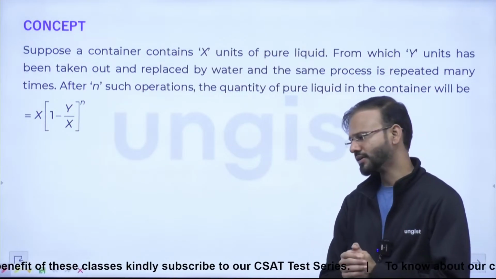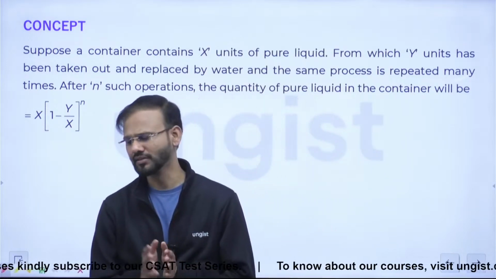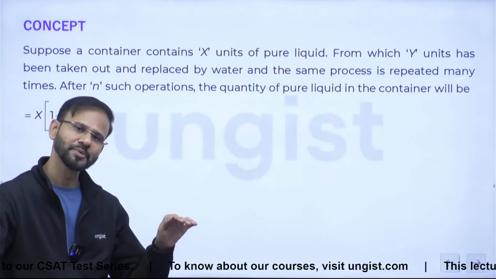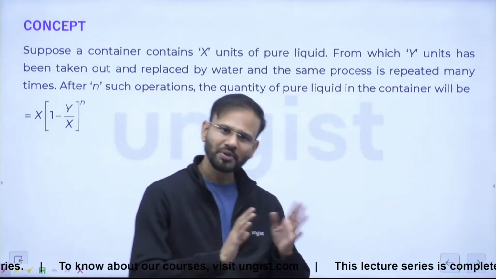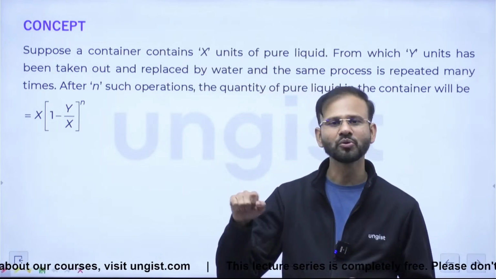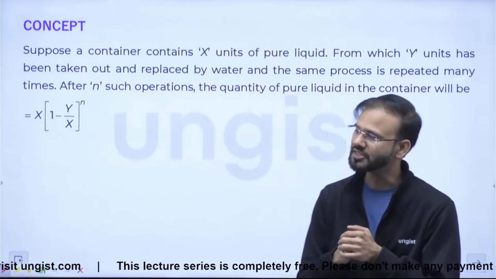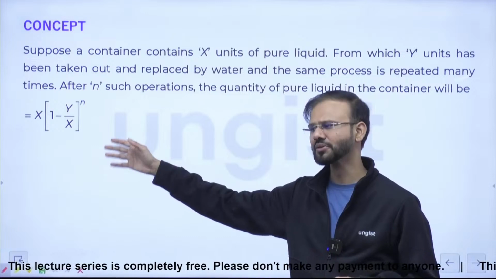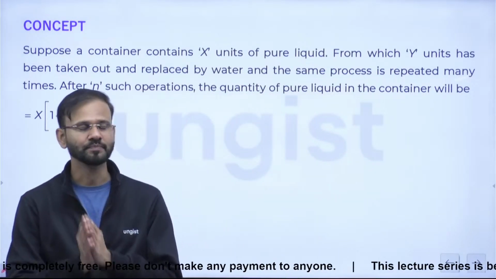See, the concept says if a container contains pure milk or some pure liquid, and Y units have been taken out and replaced by water, and the same operation has been performed multiple times, then obviously after each such operation the quantity of pure liquid is getting reduced. So after n such operations the quantity of pure liquid in the container will be this, right everybody? This we have already discussed in mixtures and alligation.